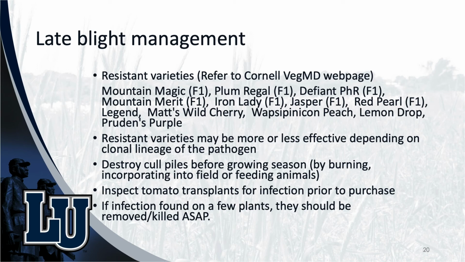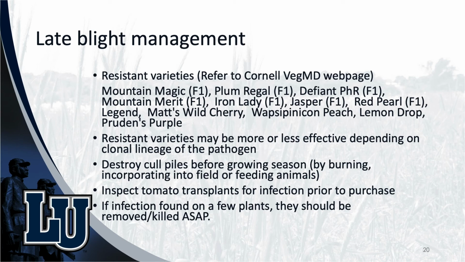However, some resistant varieties may be more or less effective, because this particular pathogen has several clonal lineages, meaning the same species, but different types within the species. So one variety may be severely infected, whereas another variety may be less severely infected, because those are infected by a different clonal lineage of the pathogen.